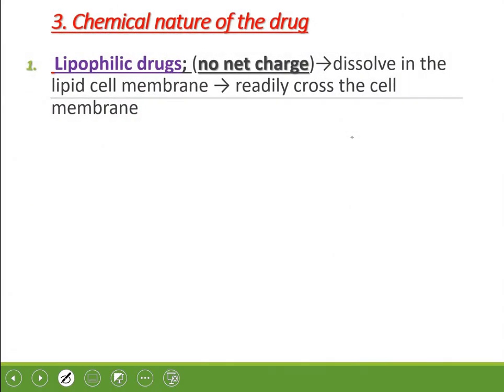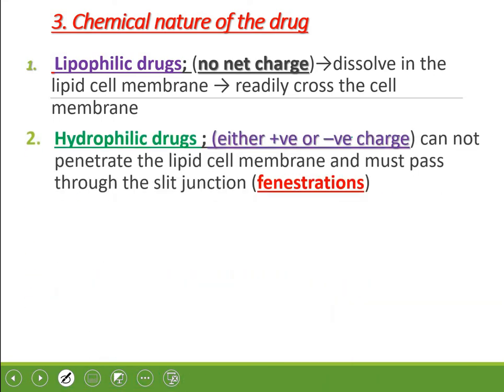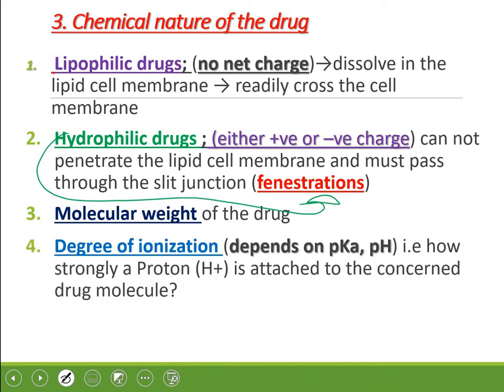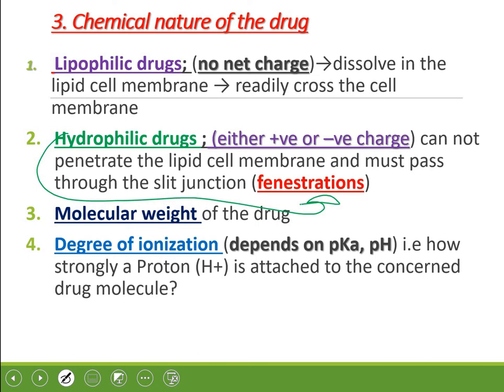The third factor affecting distribution is the chemical nature of the drug. As we said in the previous slide, lipophilic drugs easily cross the blood-brain barrier, but dissolution is a problem. Hydrophilic drugs dissolve very easily, but their penetration through the cell membrane is a problem. Therefore, hydrophilic drugs only pass through the pores, and the molecular weight of the drug is also very important, more than 7,000 atomic mass units or Daltons.